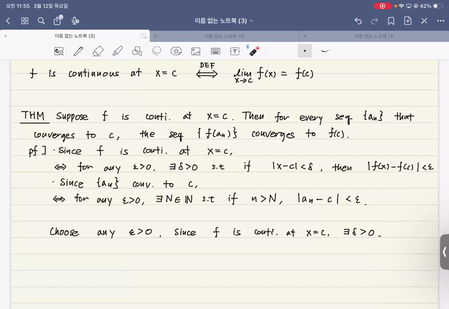So I'm going to use this delta as the epsilon in the definition of convergence of the sequence. Since this delta is a positive number, I can find another positive integer N such that if n is greater than this large N, then the absolute value of a_n minus c is this time not less than epsilon but less than delta.